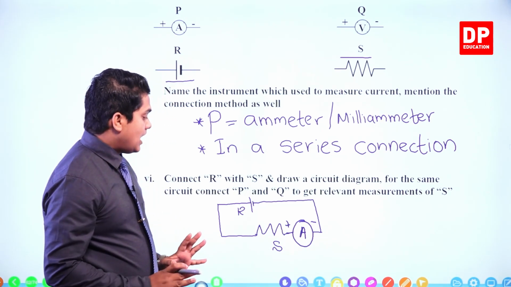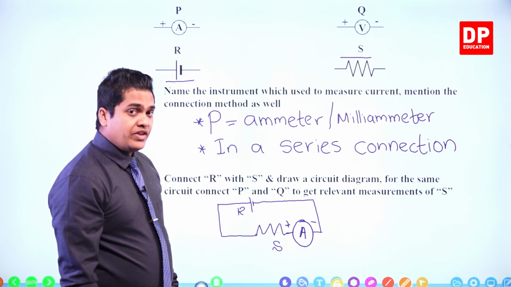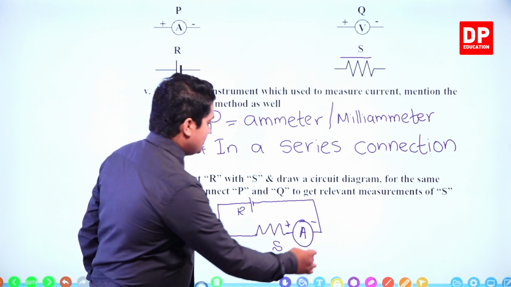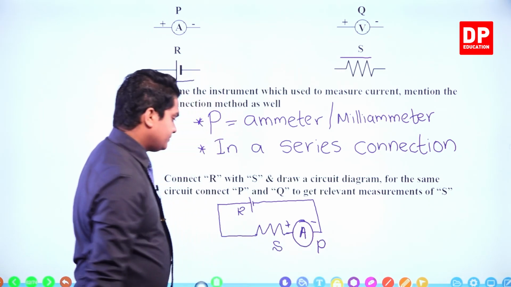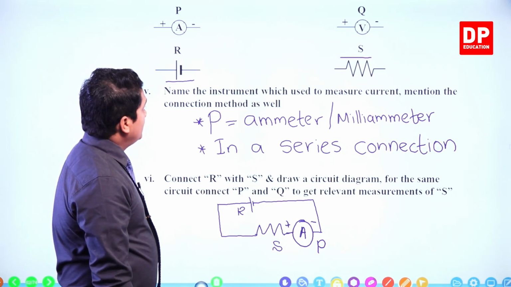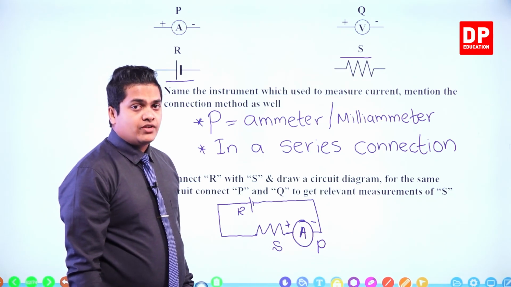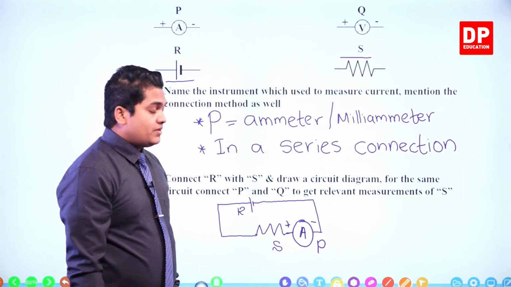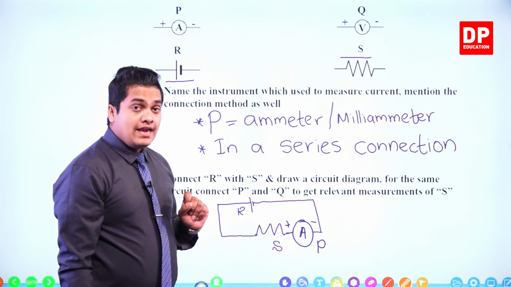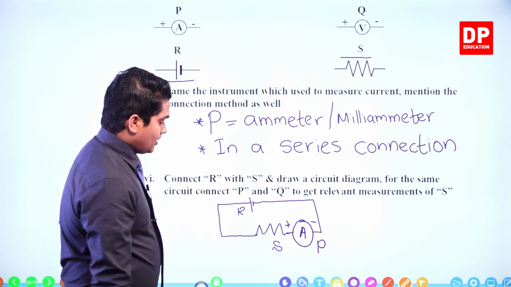So we have connected R to the circuit and we have connected S to it, and once again the ammeter, which is the P instrument, P. Then we have to connect the Q instrument. Q means the voltmeter. So we have to connect the voltmeter to get the measurement of this S, the permanent resistor in the circuit.